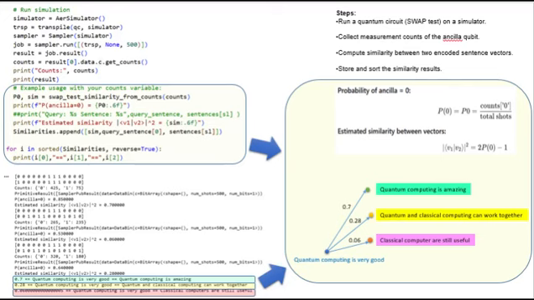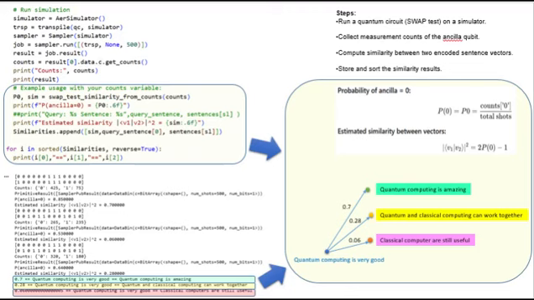We've reached the final and most exciting part of this journey: executing the swap test circuit and turning its results into a ranked list of sentence similarities. Let's walk through what's happening in this last block of code. Step 1. Running the circuit on a quantum simulator. Here, we are using Qiskit's Aer simulator, which emulates a real quantum device.